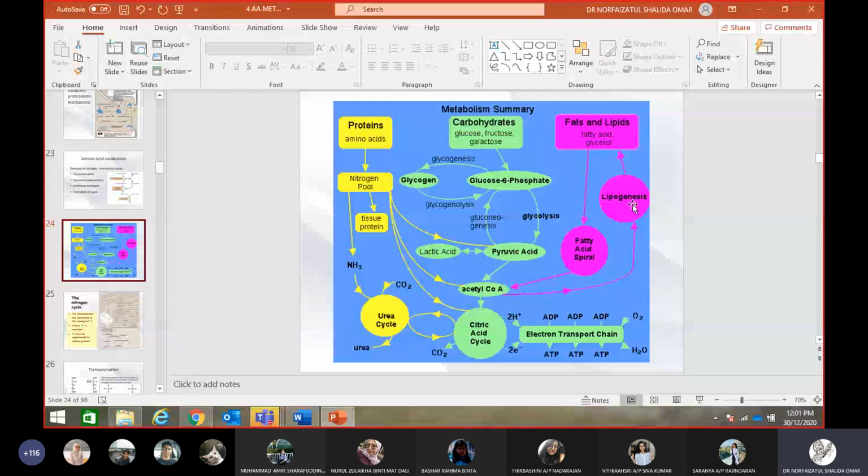And I've also given you the practical. During the practical, we will only discuss the practical. I've already given the link on how to use the glucometer and the urine dipstick. Hope that in future you have the opportunity to use the glucometer.